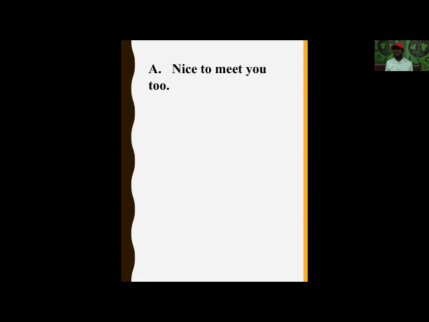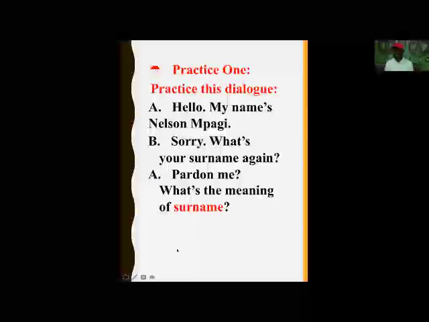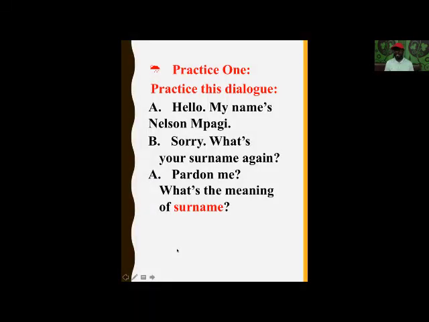Well, we are going to practice the dialogue. If you have a practice partner, one of you takes the role of A and another one B. But you're going to write the dialogue in your book. When you come to school, I'll get you a person and you practice. We have A, B. Hello, my name's Nelson Mpaji.